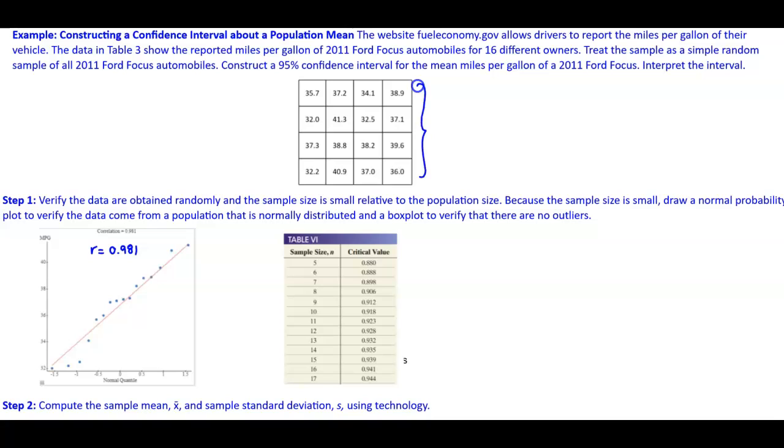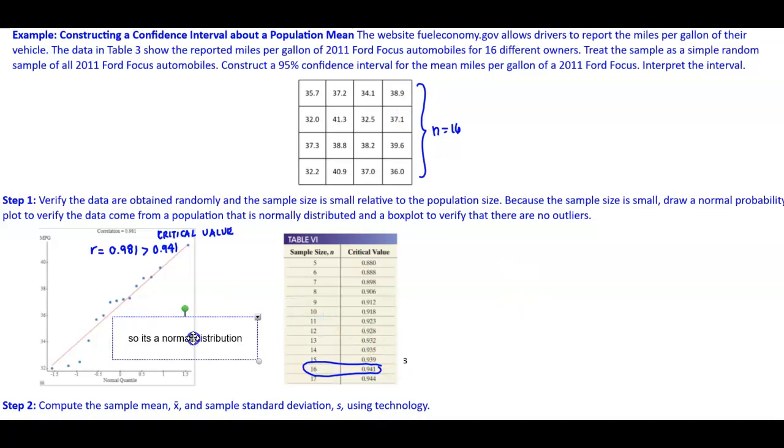The sample size in our problem is 16. Down here, we can see that the critical value for when our sample size is 16 is 0.941. So it's greater than the critical value of 0.941. Therefore, we can say that it's a normal distribution.